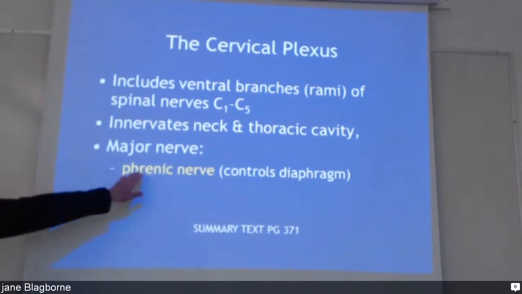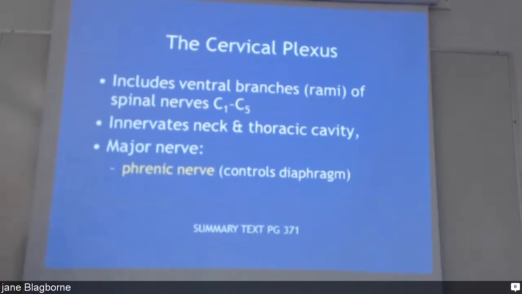And the phrenic nerve, because it controls the diaphragm, you may hear about it again in your nursing courses. Because if you had any paralysis of the phrenic nerve, you wouldn't be able to breathe properly. Polio was one of the diseases in the past that caused loss of control of the diaphragm, and that's when they had to put the children into those iron lungs, which breathed for them.